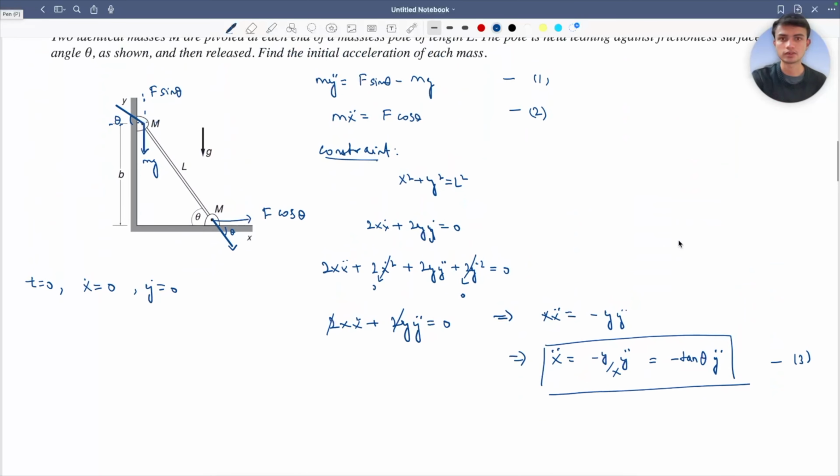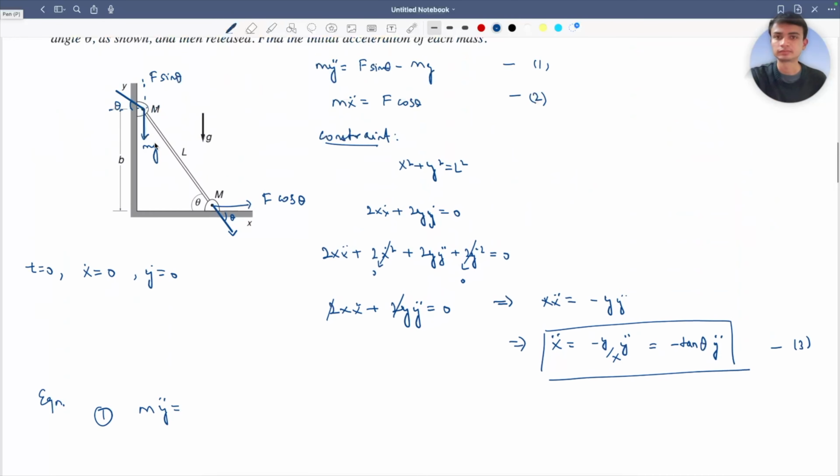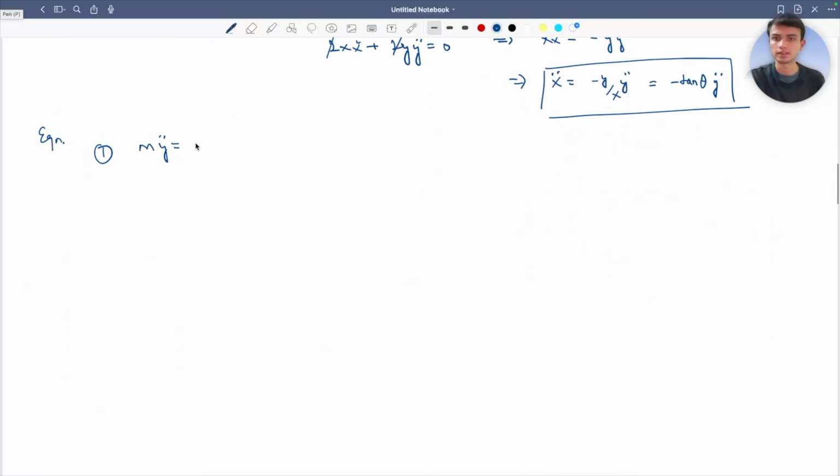So now I have 1, 2, and 3. Let me write that down. The equations that I have: the first one is m y double dot equals F sine theta minus mg. The second one is m x double dot equals F cos theta.